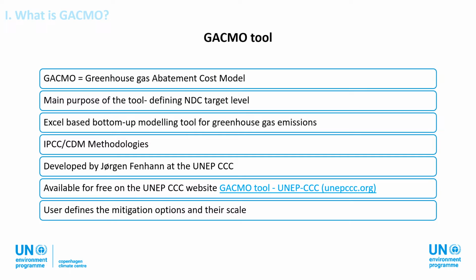It is based on the IPCC and CDM methodologies. Thus, the GACMO tool methodology is in line with international methodologies for estimating GHG emissions. The tool is available for free on the UNEP Copenhagen Climate Center website. One of the main features of the tool is that the user defines mitigation options and their scale.